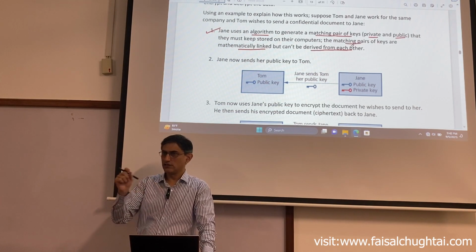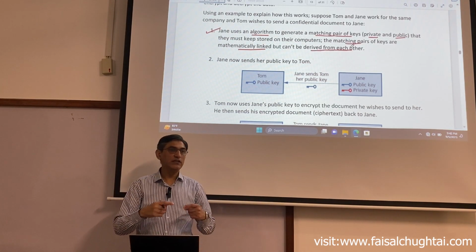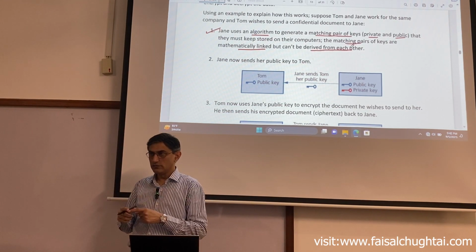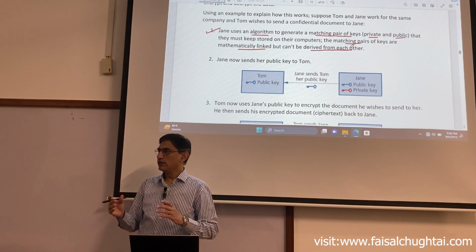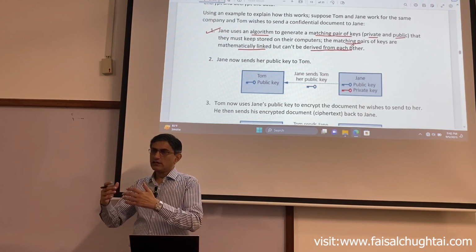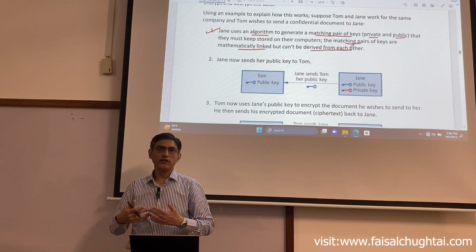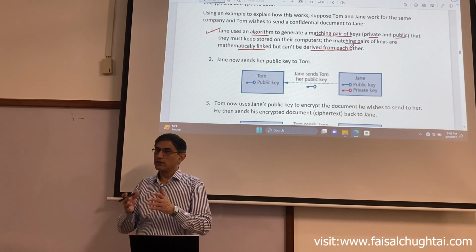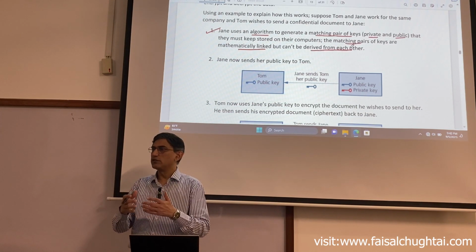But the private key has been derived from the same algorithm using some sort of mathematical method. Whatever private key is being calculated using a certain mathematical method is only applicable to that particular public key and algorithm. That is how it is mathematically linked.